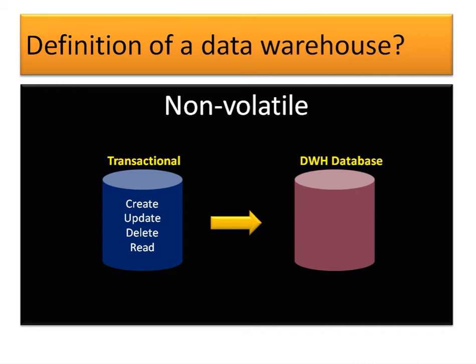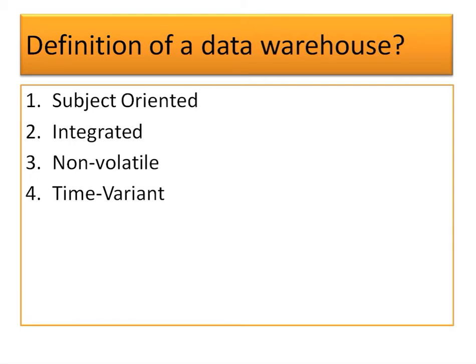All are historical data. In that case you can only view, which means read, not more than that. So in summary, a data warehouse is subject oriented, integrated, non-volatile, and time variant.